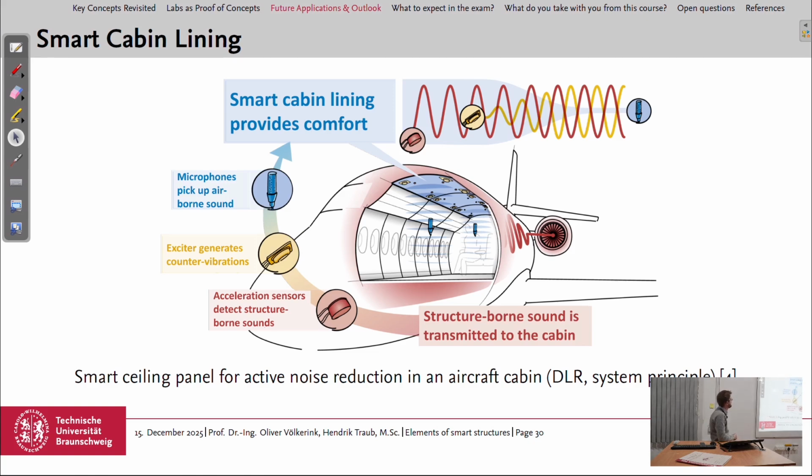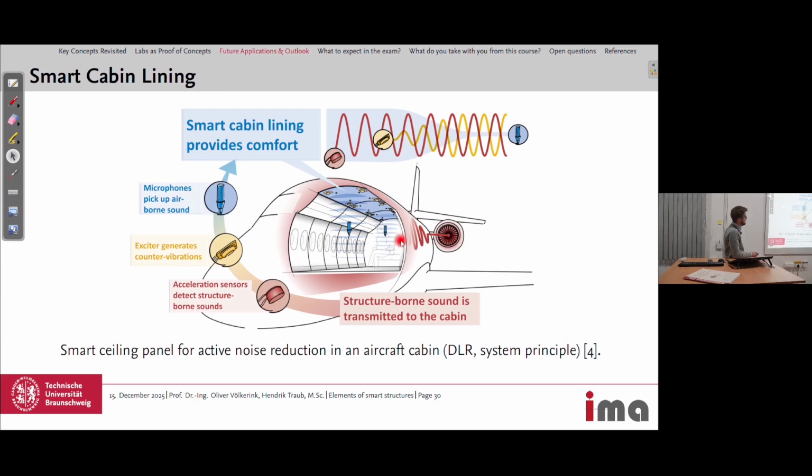The second one is a smart cabin lining. I would like to introduce it along this illustration. We have an aircraft with jet engines. The jet engines transmit structure-borne sound to the fuselage.